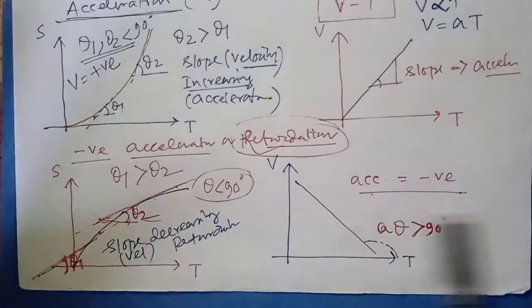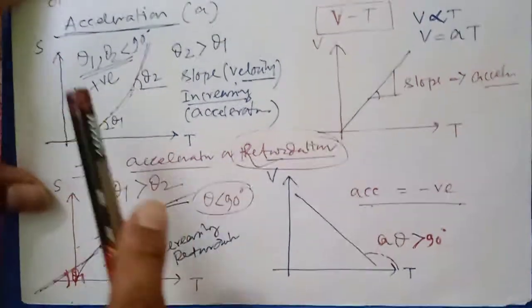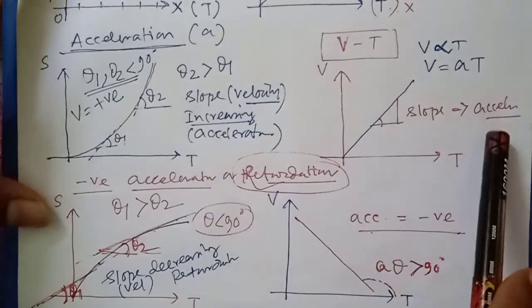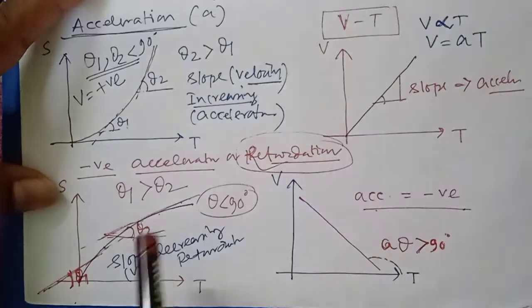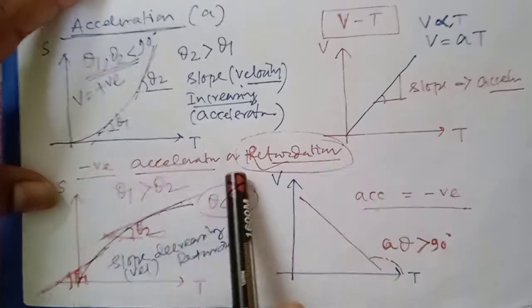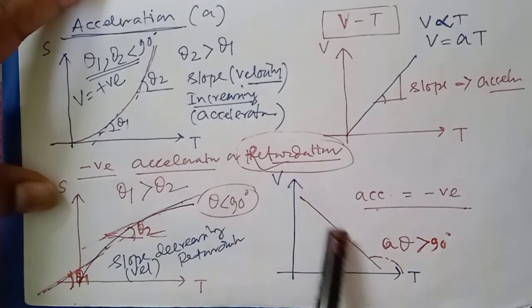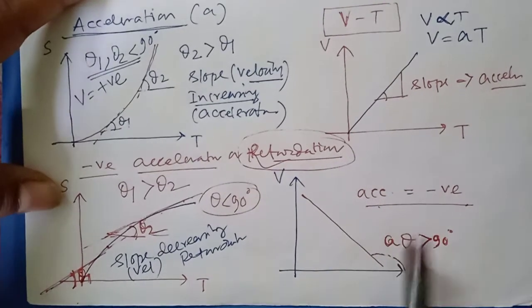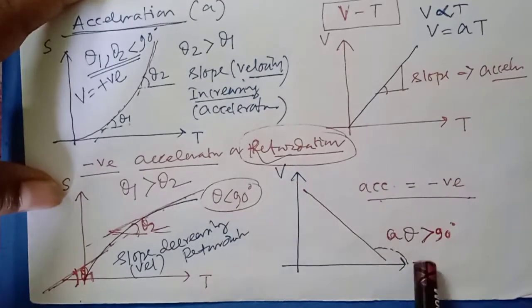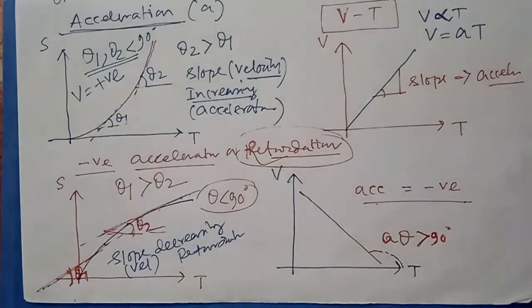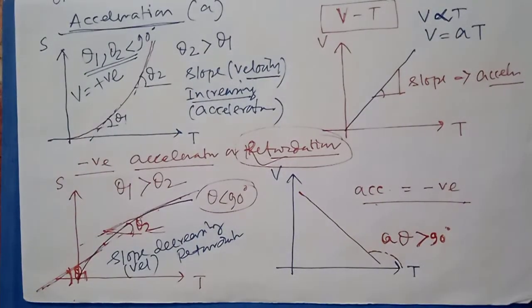Again I am telling you, if in the ST graph the slope is increasing, meaning velocity is increasing, it means acceleration is positive. But in this case theta is decreasing, theta means velocity, velocity is decreasing, and theta is an obtuse angle greater than 90 in the VT graph, it means negative acceleration. So it's clear.